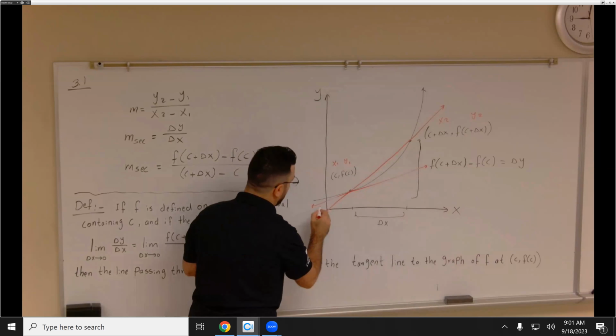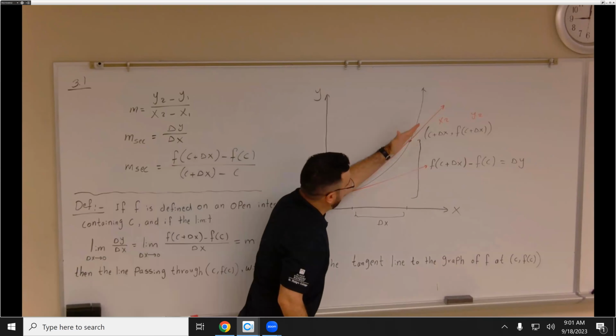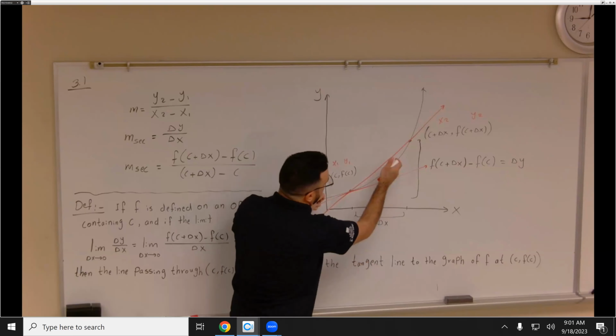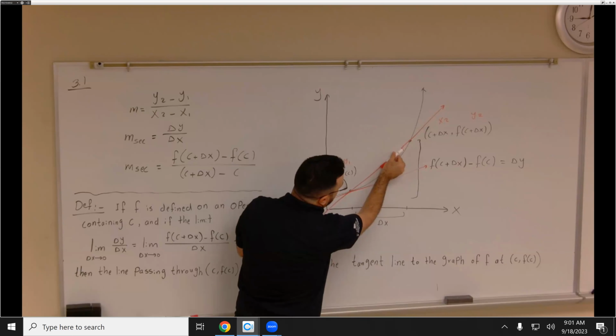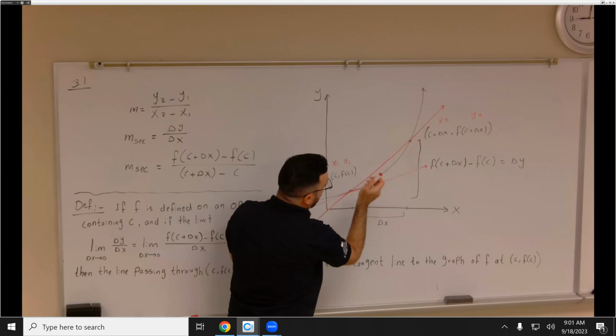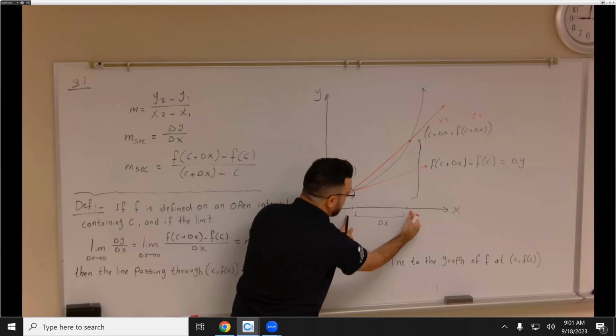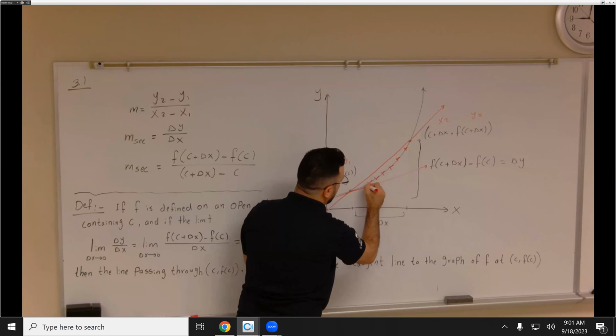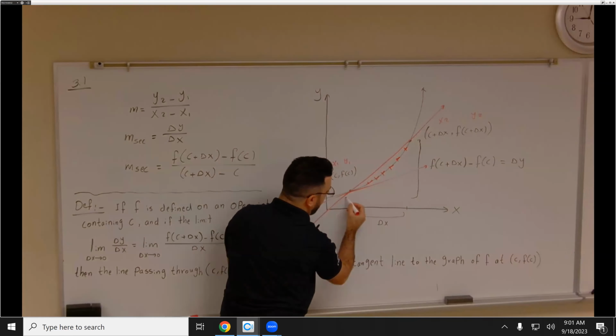So here is the secant line. We found the slope for the secant line. If we took the limit, the secant line is going to go where? Closer to the tangent line. When the distance between these 2 points, if we choose a point here, the distance is going to go closer to where?